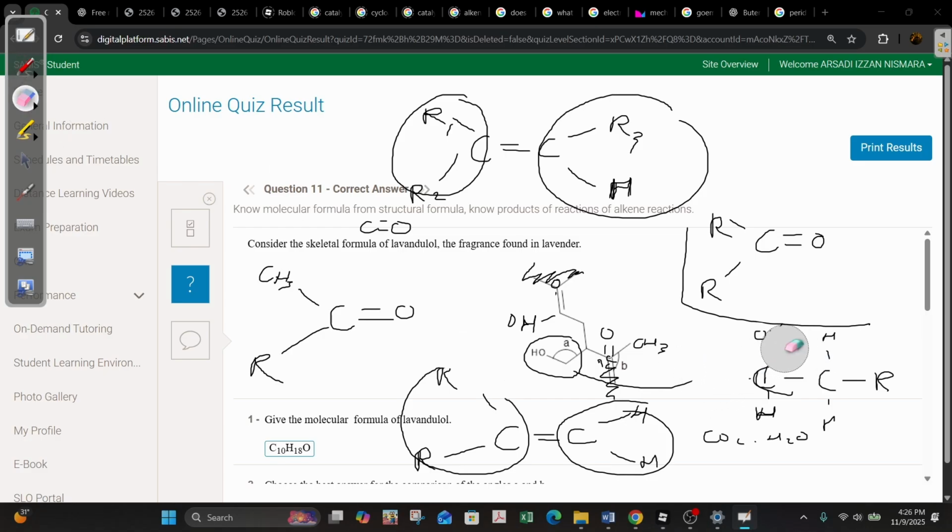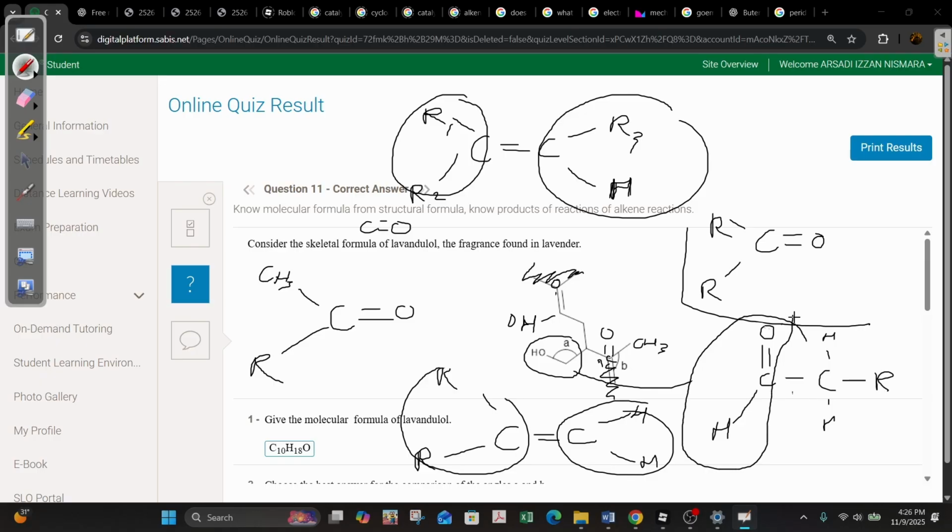A C double bond O. Whoops, no, wait. The hydrogen gets removed and becomes a C double bond O, and one hydrogen gets removed from the left side, and this becomes H. Isn't this an aldehyde group?